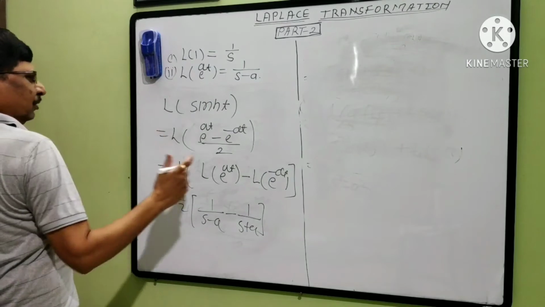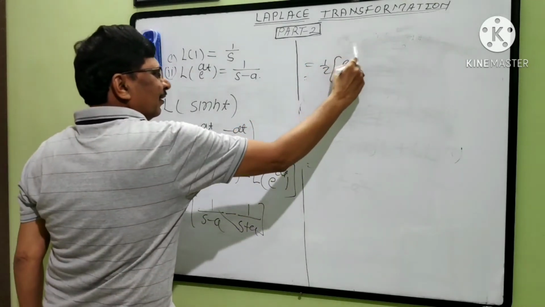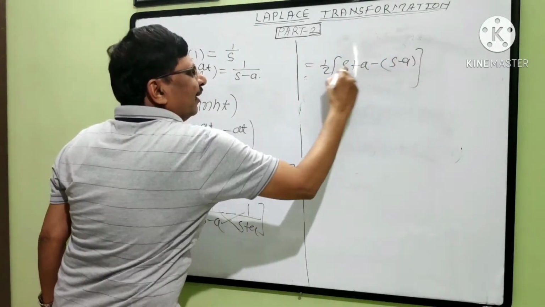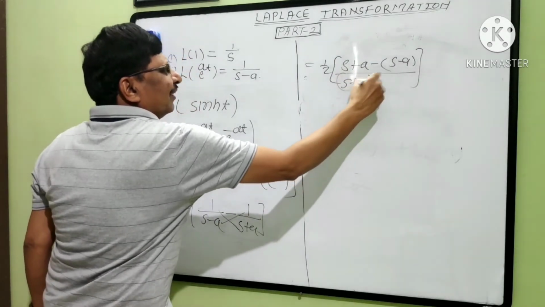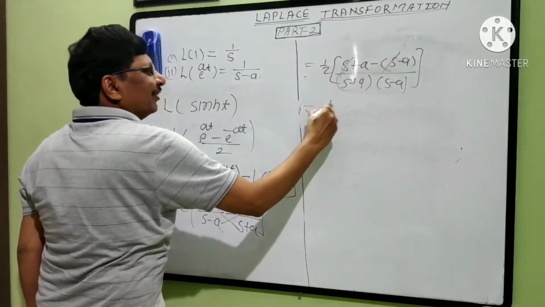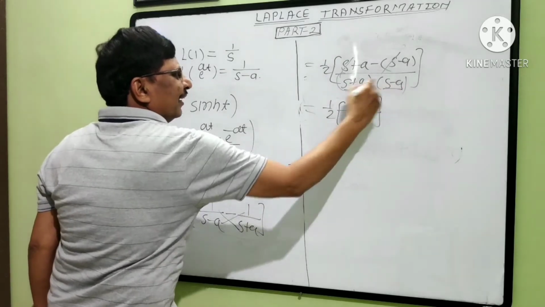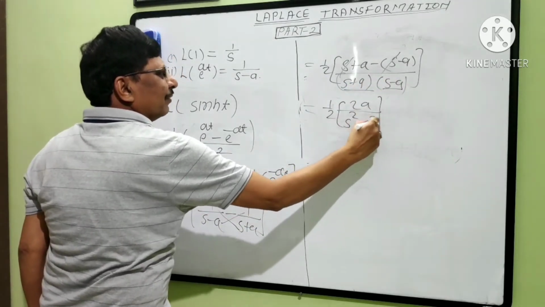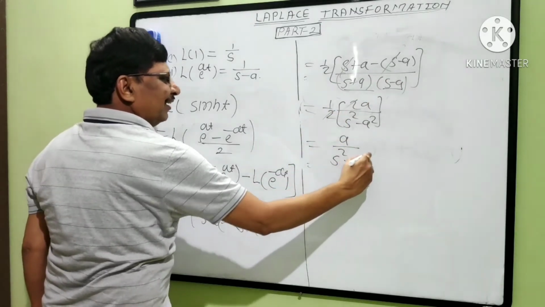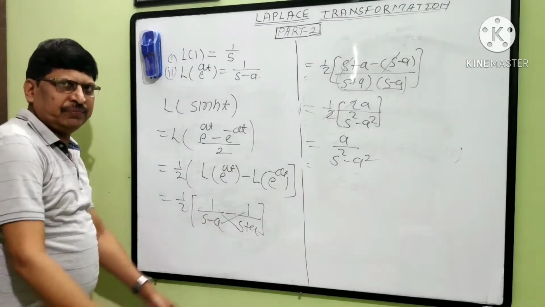You will get 1 by 2 into (s plus a minus s minus a) upon (s plus a) into (s minus a). The s gets cancelled, a plus a is 2a, and (s plus a) into (s minus a) is s square minus a square. The 2 gets cancelled, and we get a upon s square minus a square. That is the formula for sinh(at).